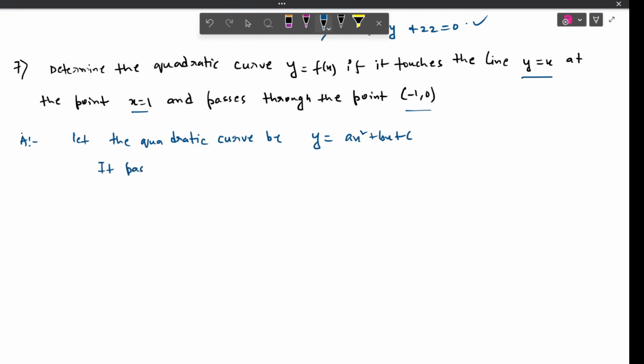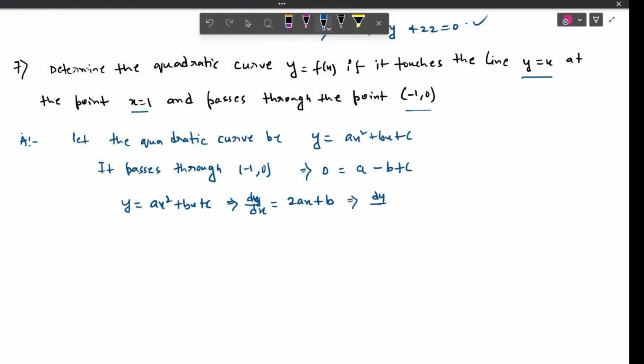So we can say 0 equals to a, this x is minus 1, square is plus 1, minus b plus c. Now differentiating both sides. Now we have the curve y equals to ax square plus bx plus c. Differentiate both sides with respect to x, we will get dy by dx equals to 2ax plus b.